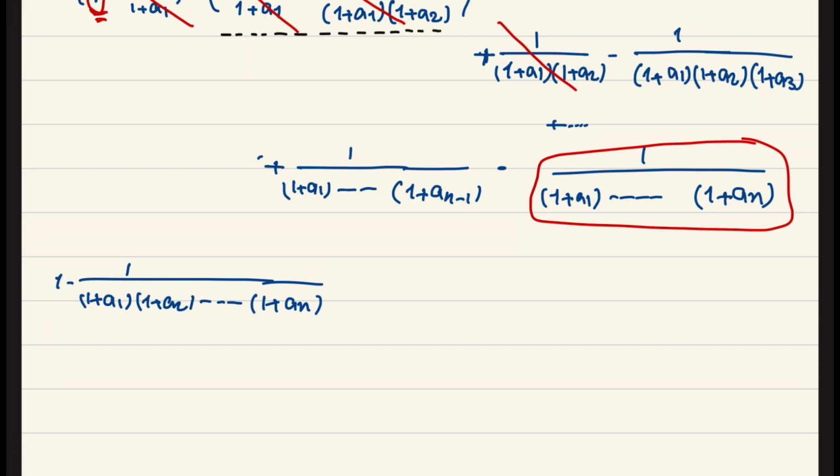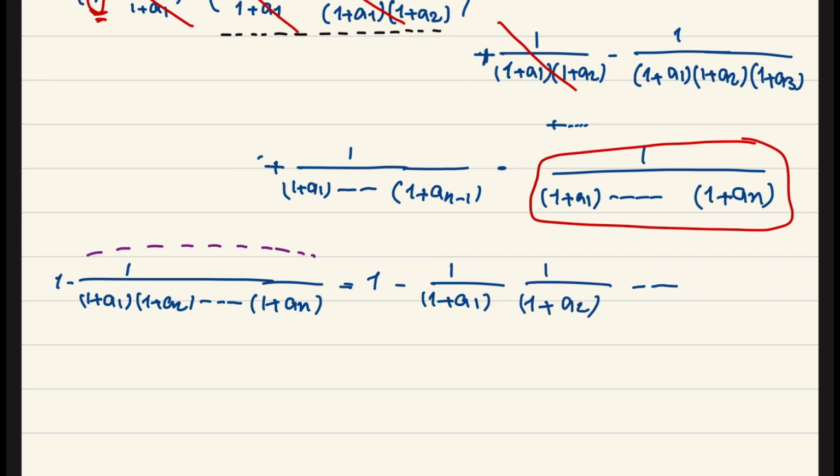I'm gonna use one hint here, and first of all I can write this term that you see here as 1 minus 1 over 1 plus A1 times 1 over 1 plus A2 times, up to, 1 over 1 plus AN. Okay, nice.